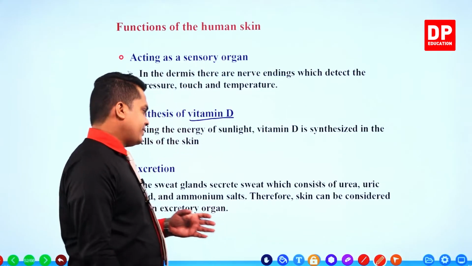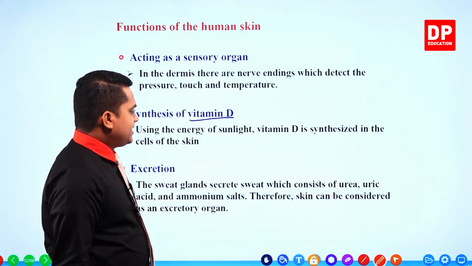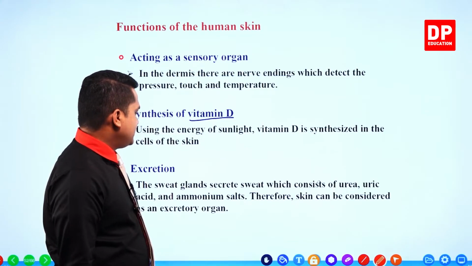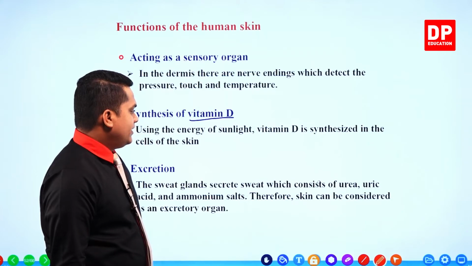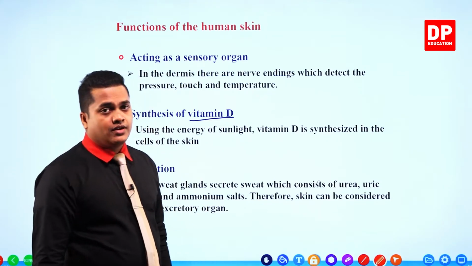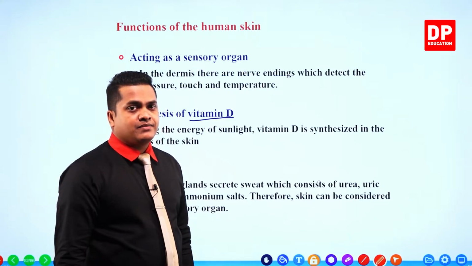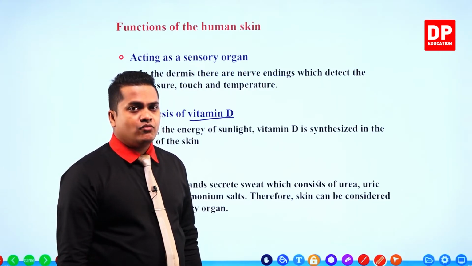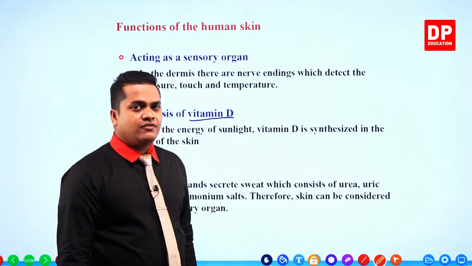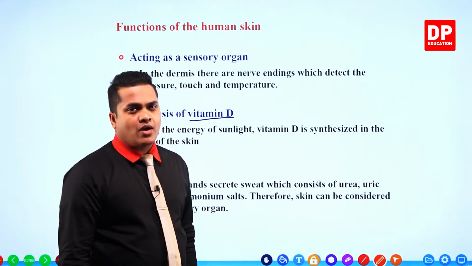So here the sweat glands secrete sweat which consists of urea, uric acid and ammonium salts. Therefore skin can be considered as an excretory organ. So here different types of salts, urea, uric acids and water are getting expelled from the body as sweat. So sweat is a form of an excretory substance which is getting emitted from the skin.